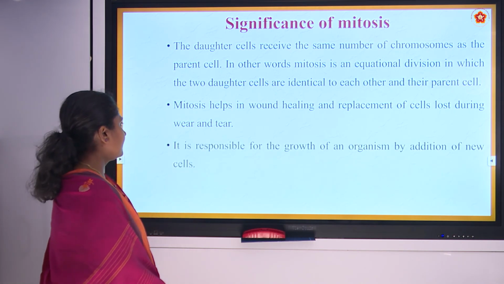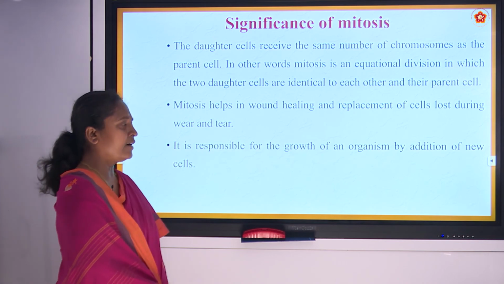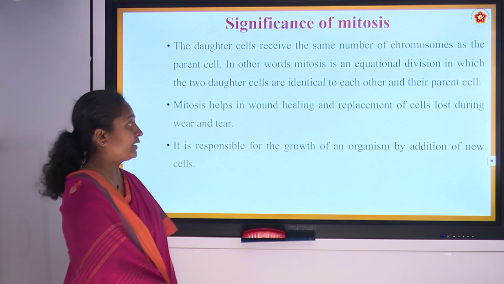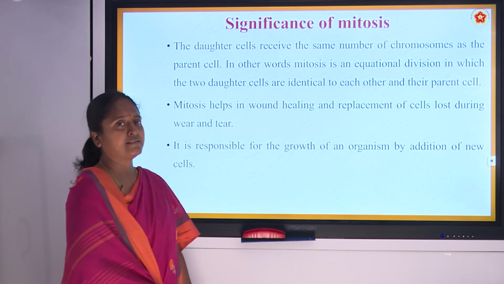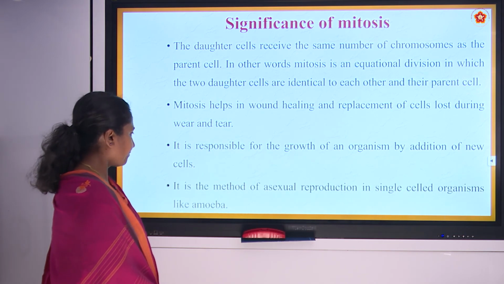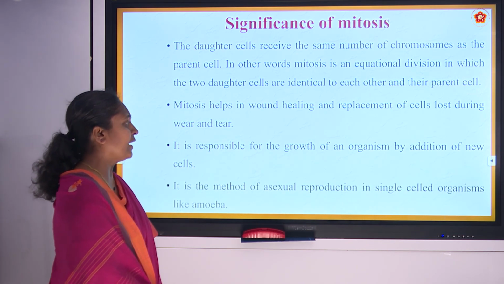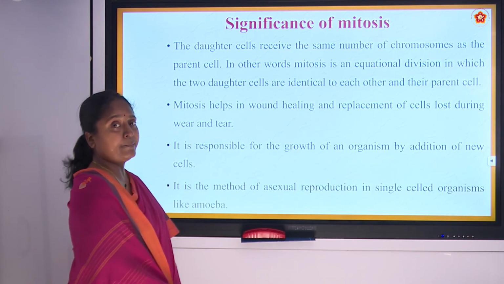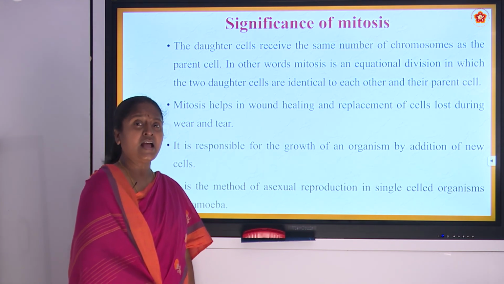Next, it is responsible for the growth of the organism. The organism tends to grow because new cells are added, which makes the organism bigger. And it is a method of asexual reproduction in single-celled organisms such as amoeba. Amoeba is also an animal, right?